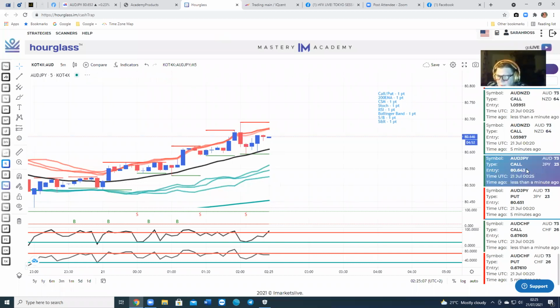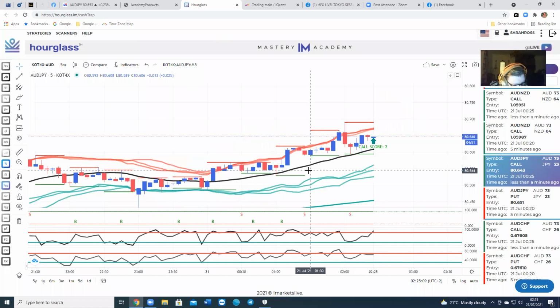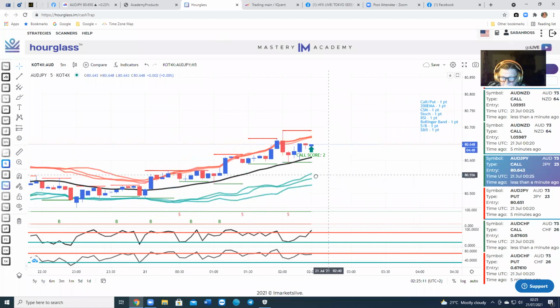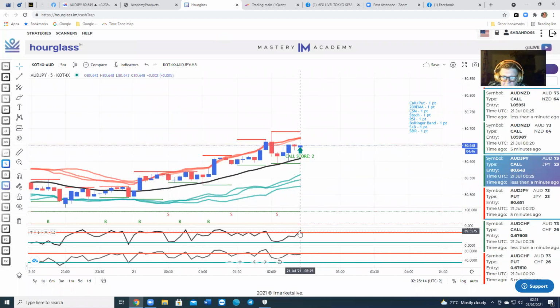So we've got a call now at 643. Call score of 2. It is in the overbought area. We haven't got an S or a B. It's right in the middle here. It's not really off a strong level. It's not a trade I want to take.